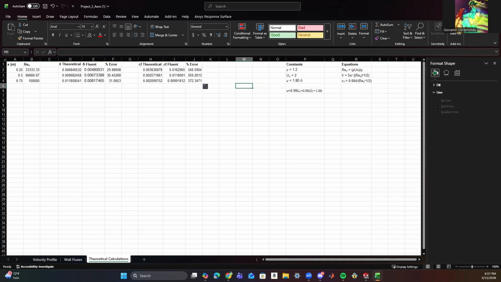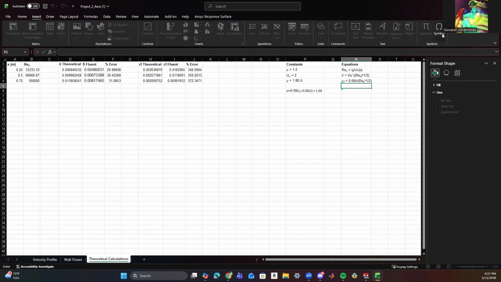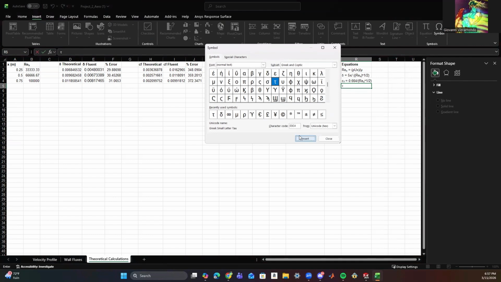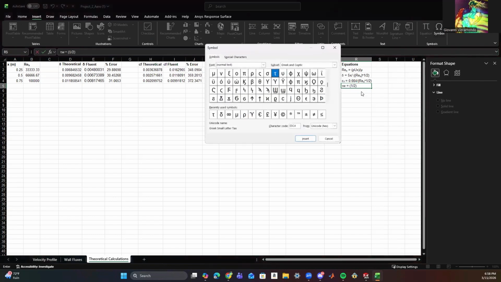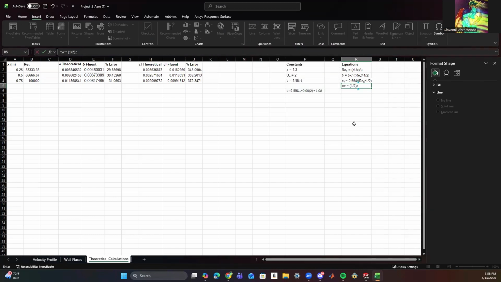Finally, we're going to do our shear stress. Our shear stress is going to be tau wall. I'm not going to do the subscript this time. This is equal to 1/2 of mu u squared. I'm not going to bother with the subscript right now. And this is the wall shear stress.